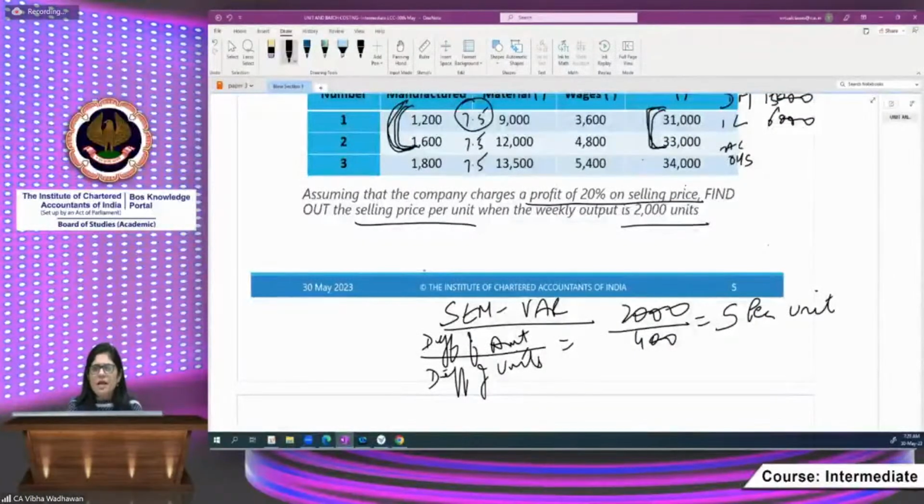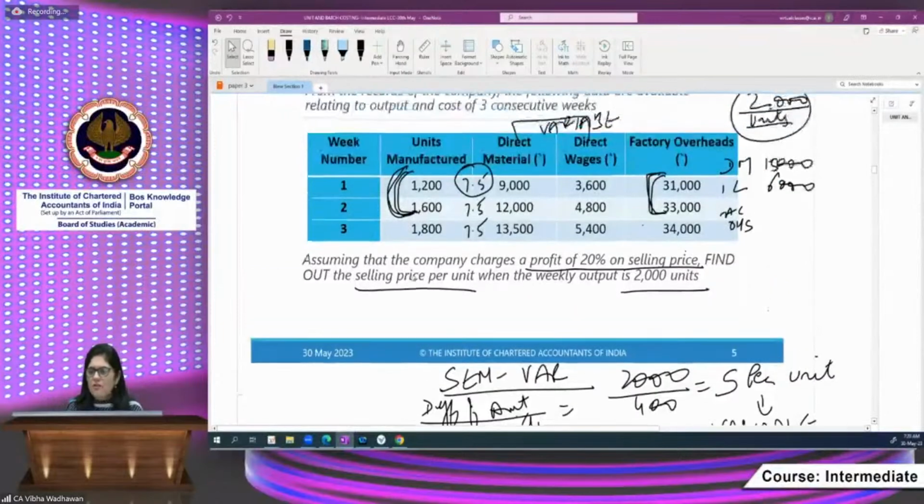And if it is coming 5 per unit, is it variable or fixed? What we have calculated is 5 per unit. So is it the variable portion of the semi-variable or the fixed portion? It has to be variable. So through this exercise, we have found the variable part of it, 5 per unit. Variable cost will always be denoted in per unit. Clear? So variable cost per unit is 5.